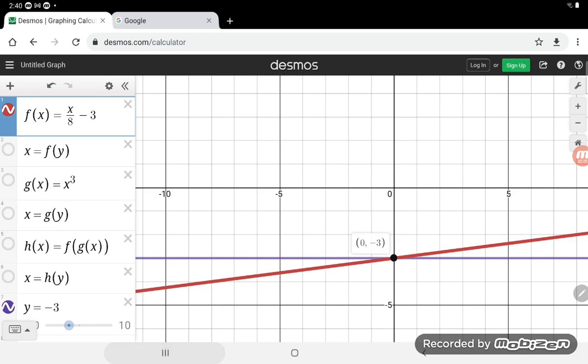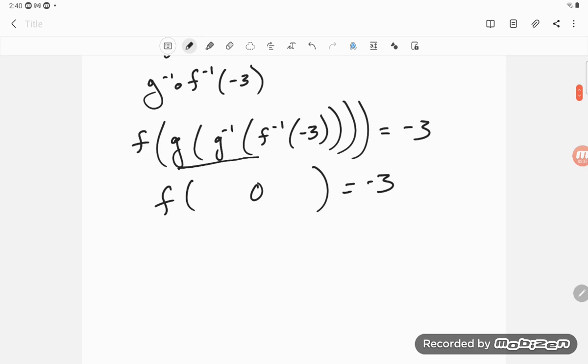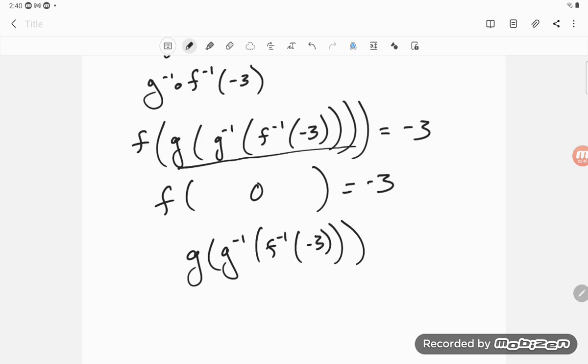So that means f of 0 is -3, but it's also all that stuff. So what I have now is g of g inverse of f inverse of -3 is equal to 0.